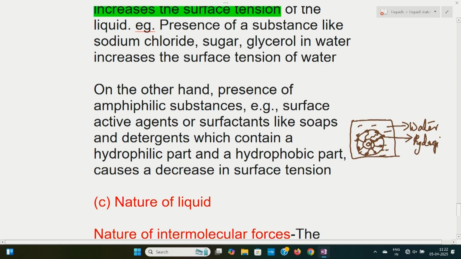and here we have the hydrophilic part. This is the hydrocarbon part, that is the hydrophobic part. Here this is the interfacial layer.